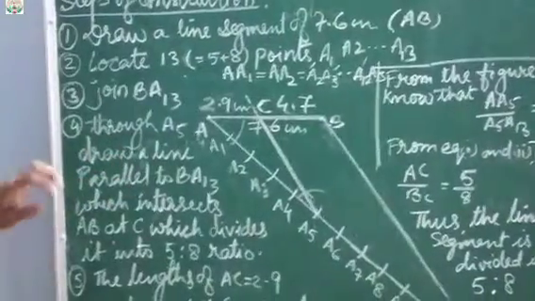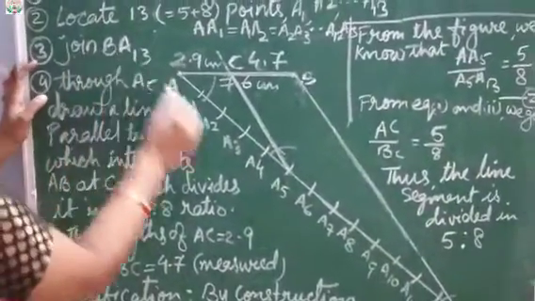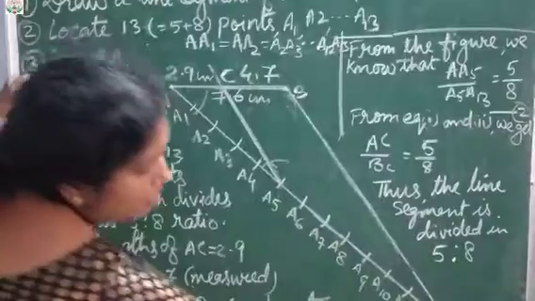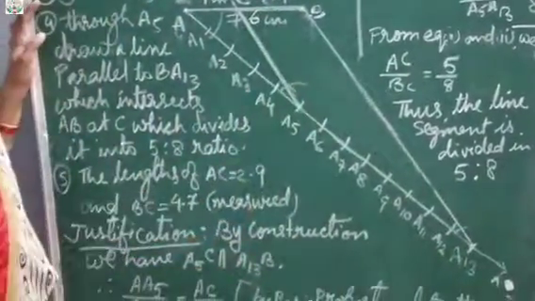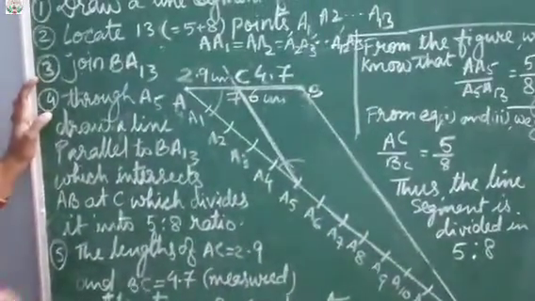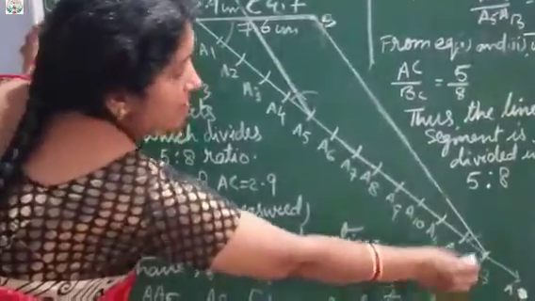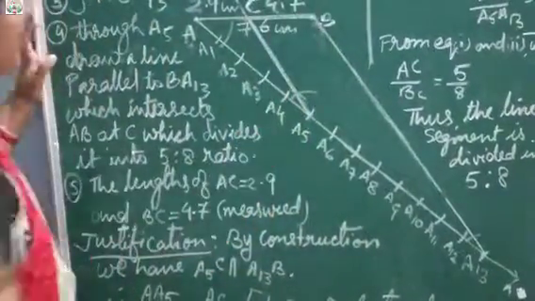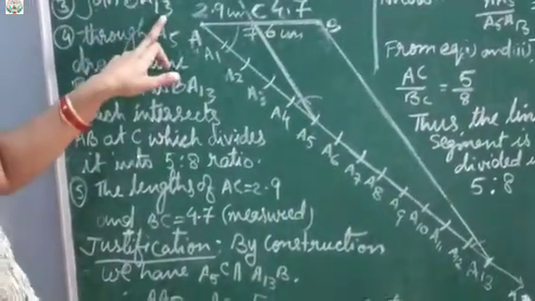Okay, clear? After that what? Join B to A13, the last point. So the last division, that is A13, we will join with B, that is join B, A13.